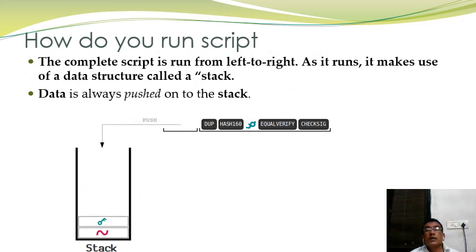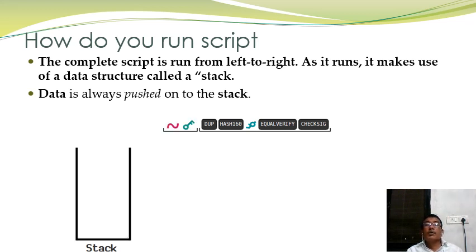So how do you run the script? The script that contains a locking script and an unlocking script is said to be a complete or valid script. The complete script is run from left to right.